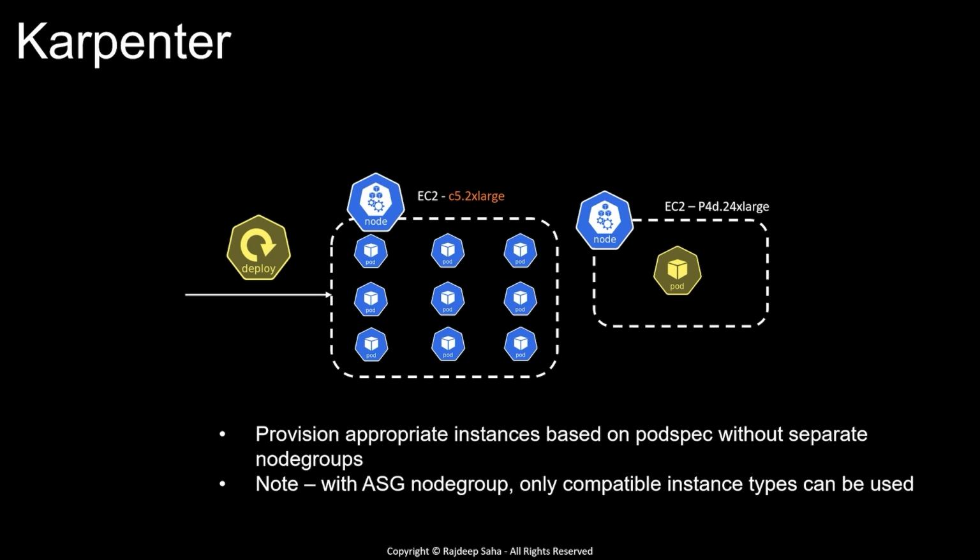So Karpenter can provision appropriate instances based on your pod specification without the need of creating and managing node groups. And again, keep in mind, with autoscaling group and node group with cluster autoscaler, only compatible instance types can be used. So Karpenter is fast, and Karpenter also does not have the management overhead of managing node groups.